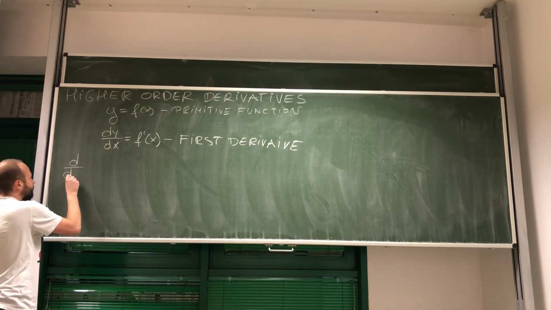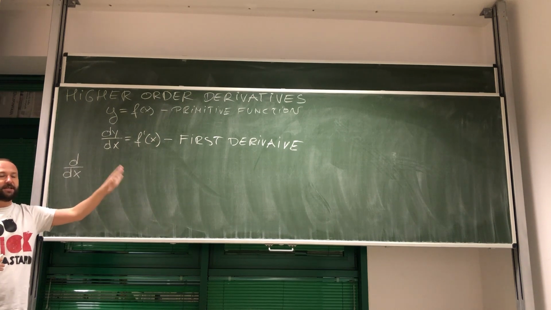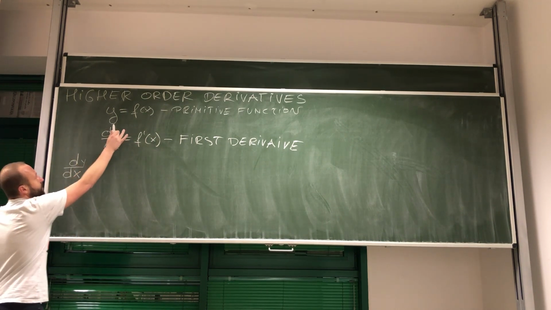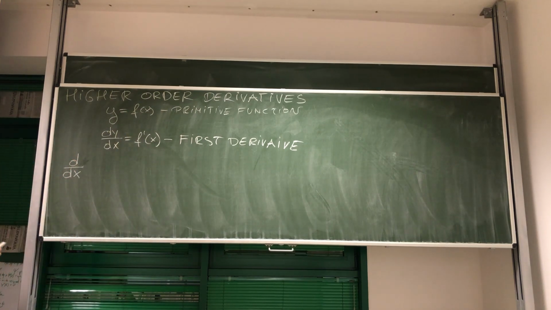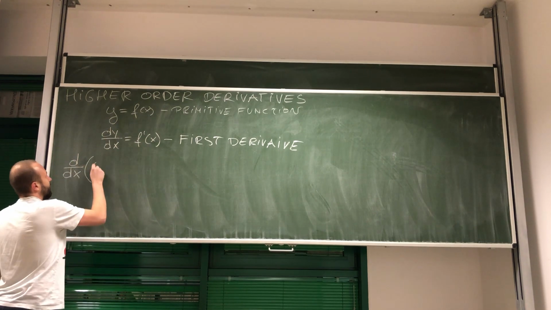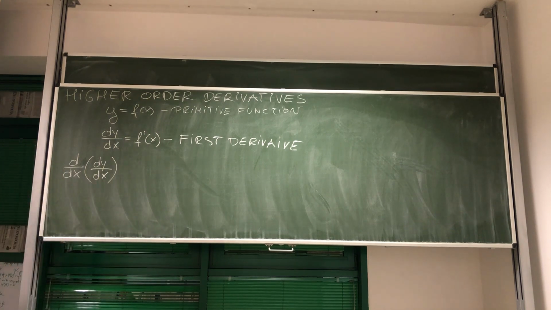I'm taking the derivative. Remember, this is a command: take the derivative of whatever is up front. And sometimes we put here y, like here, because this is the derivative of this function. But now I'm calculating the derivative of a derivative.